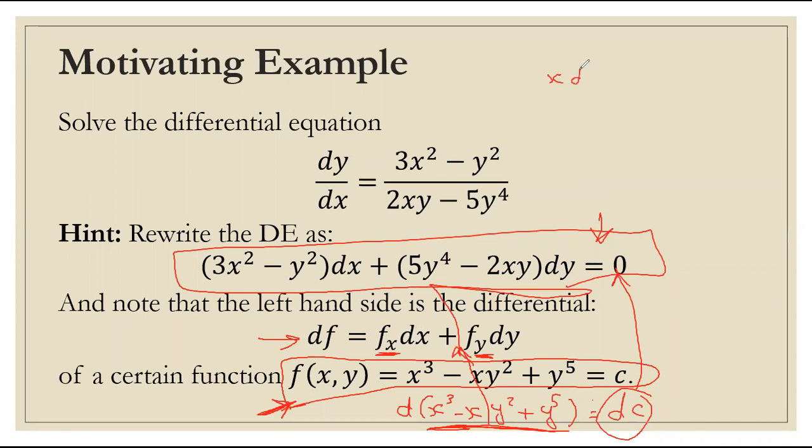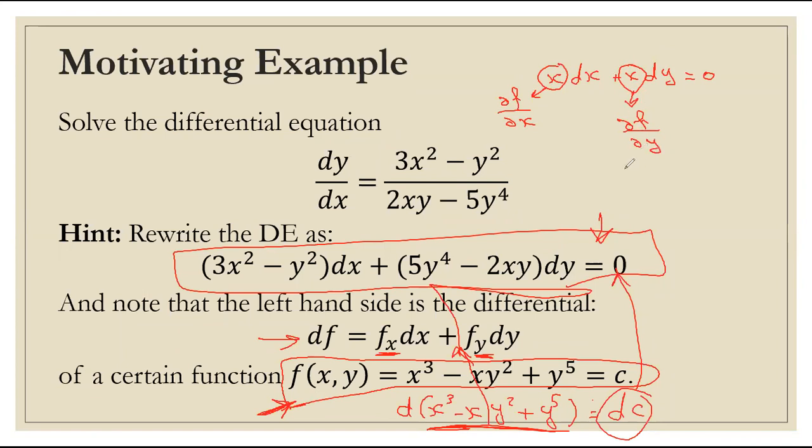Now x dx, sorry, plus also x dy. Can you find a function such that this is its partial derivative with respect to x, and this is its partial derivative with respect to y?